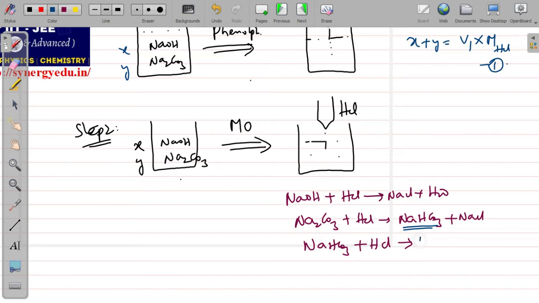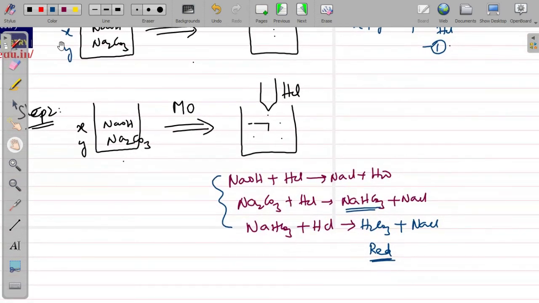But once sodium bicarbonate further converts to H2CO3, then there is a change in color. Now the color changes to red. So after all these three reactions, only then is the color change seen.